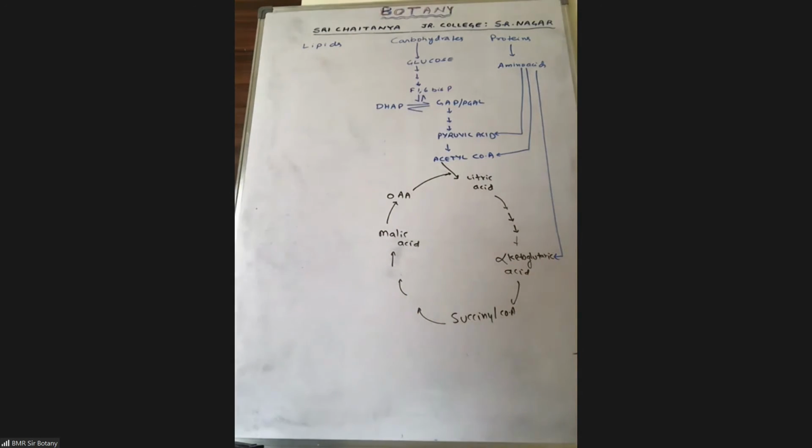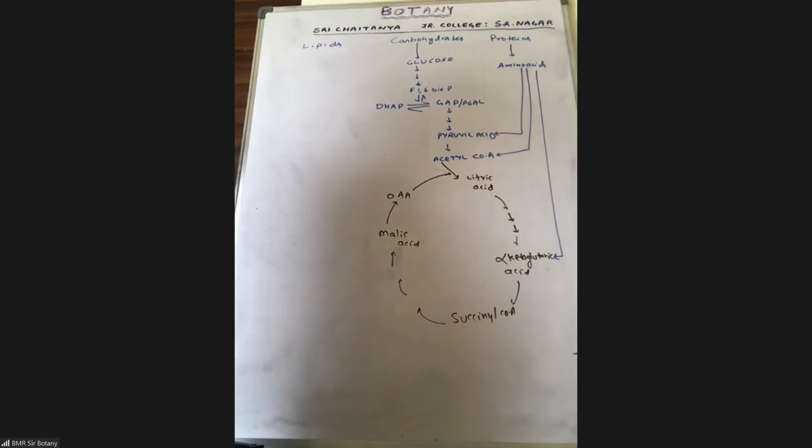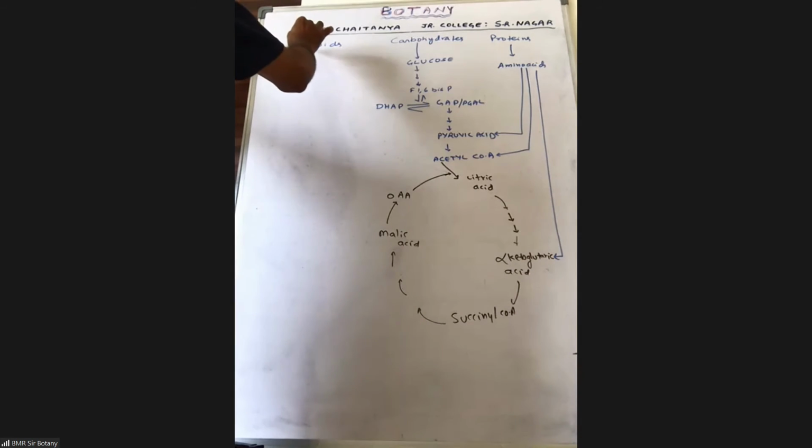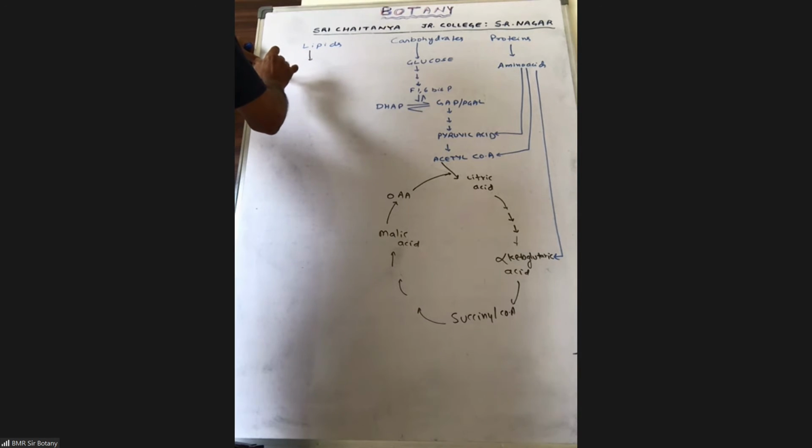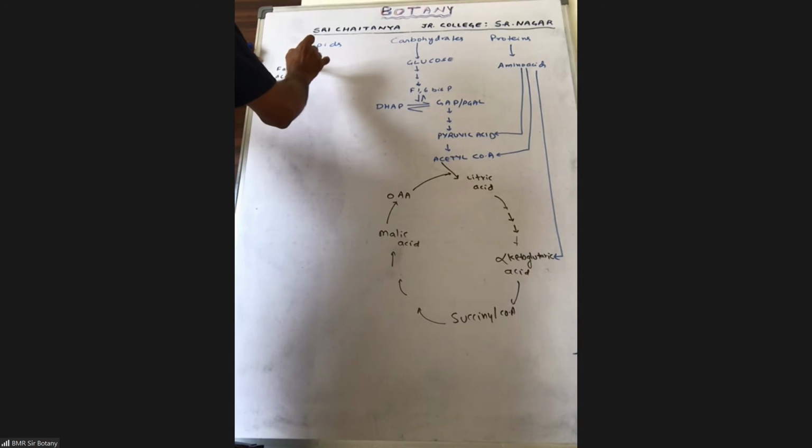Proteins can enter as pyruvic acid, as acetyl-CoA, as alpha ketoglutaric acid. Lipids, if it is, are hydrolyzed into fatty acids and glycerol.